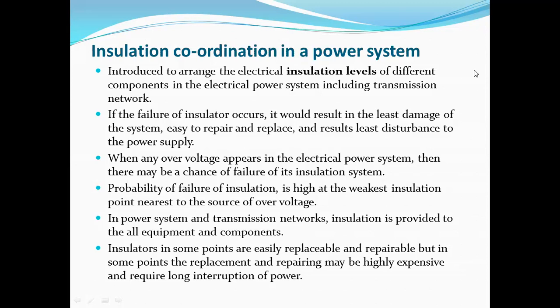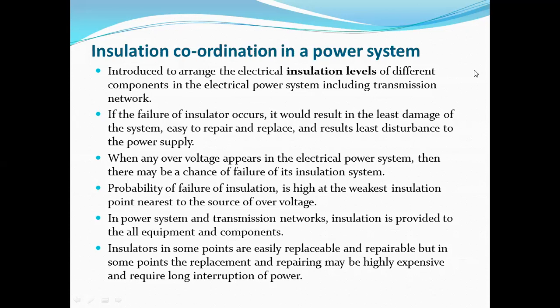So if the insulation fails, it would result in least damage to the power system, and it is easy to repair and replace, and results in least disturbance to the power supply.